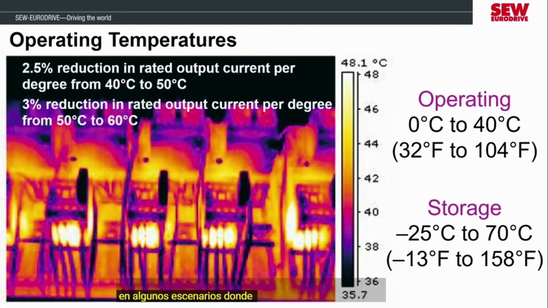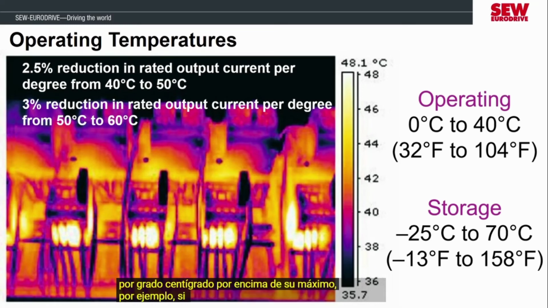In some scenarios where the ambient temperature can't be kept below 40 degrees Celsius, it is possible to still operate the Movidrive at those temperatures, but the output power rating has to be derated by 2.5% to 3% per degree Celsius above its maximum.